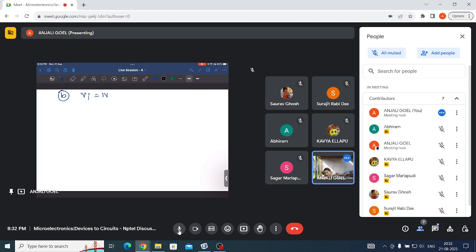So VDD minus Vi. So Vx is equal to 0.5 volt, equal to VTN. So Vx is equal to V out is equal to 0.5 volt.